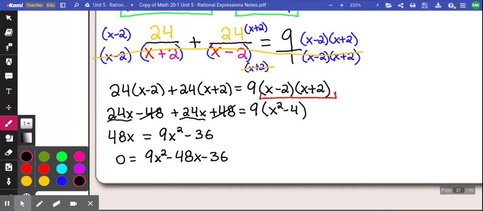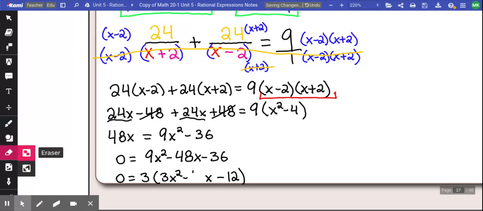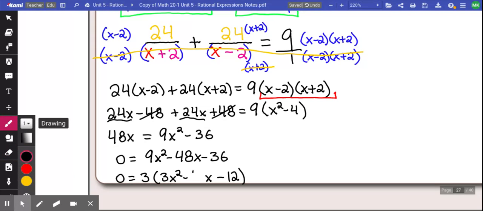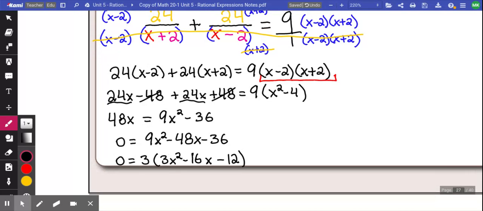To factor that, I'm going to take out a greatest common factor. Everything can divide by 3. So I have 3x squared minus 16x minus 12. I need to do diamond method on that. When I do diamond, I'm looking for something that multiplies to be negative 36 and adds to be negative 16. That'd be negative 18 and positive 2.